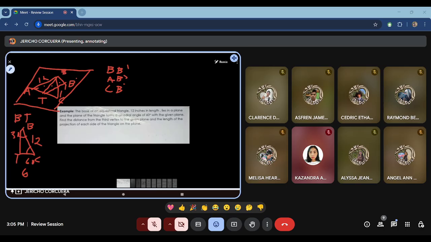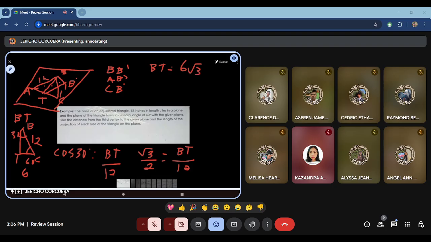Let's just do cosine 30 equals BT over 12. Square root of 3 over 2 is equal to BT over 12. So the value of BT is 6 square root of 3.